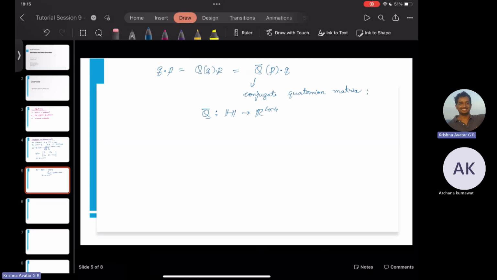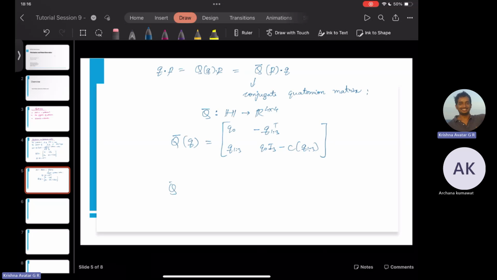Its representation would be Q bar as a function of any Q is equal to Q naught, minus Q vector 1 to 3 transpose, and Q vector 1 to 3, and Q naught I3, which is the identity matrix of order 3, minus C of Q vector 1 to 3.